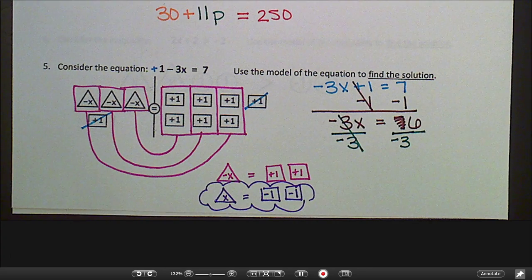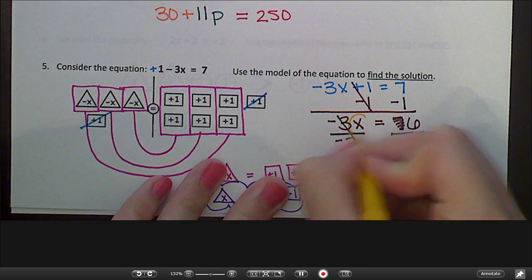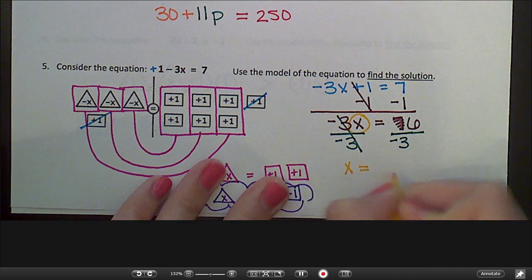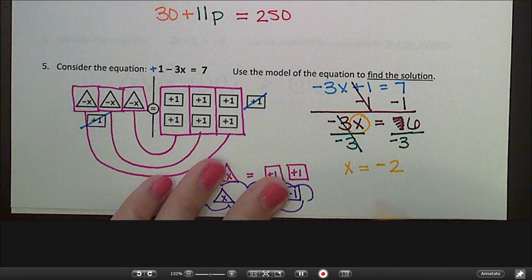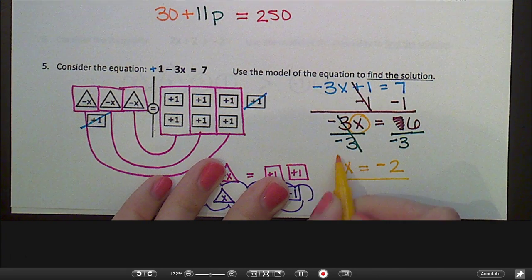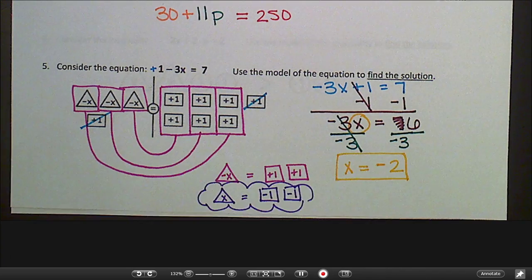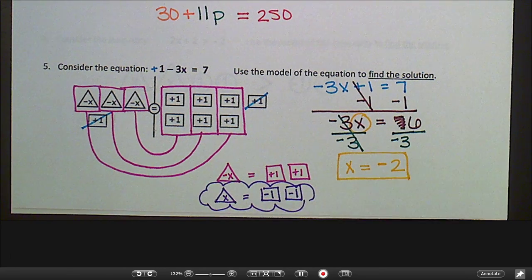And we end up with x equals -2. Remember those integer rules. We want to make sure that we know when a negative and a positive, the signs are different, then the answer is negative. So we got the same answer both ways.